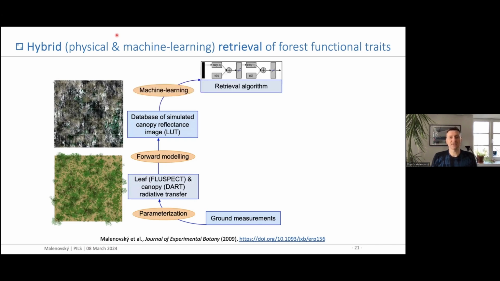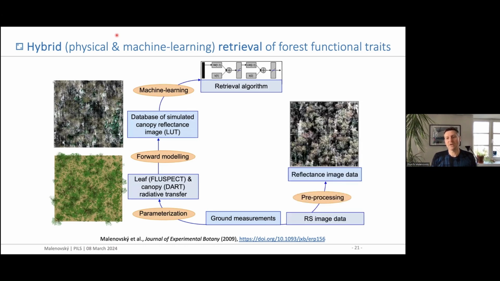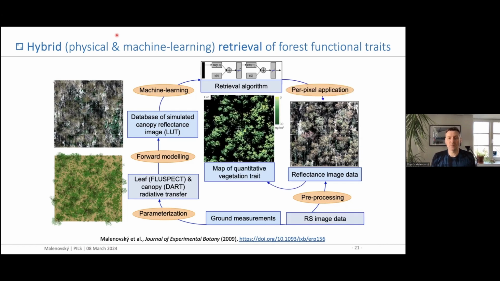These are used for machine learning to train the retrieval algorithm, which is then applied on real drone, airborne or satellite reflectance images per pixel to obtain a map of quantitative vegetation traits.